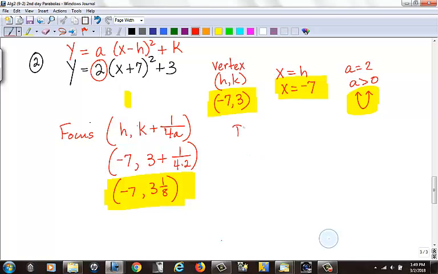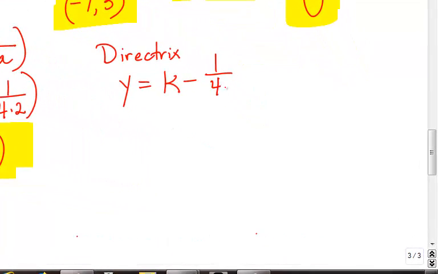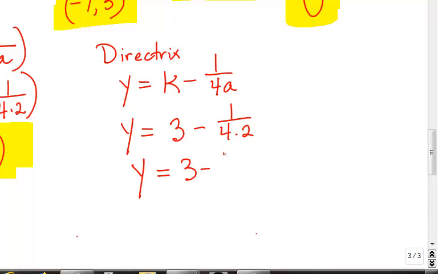The directrix is y equals k minus 1 over 4a. The k is 3 minus 1 over 4 times 2. So 3 minus 1/8 is 2 and 7/8.